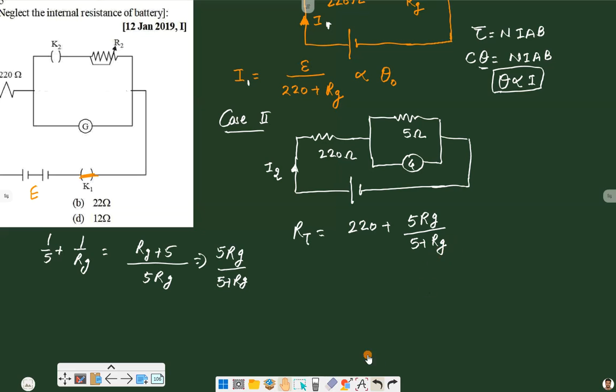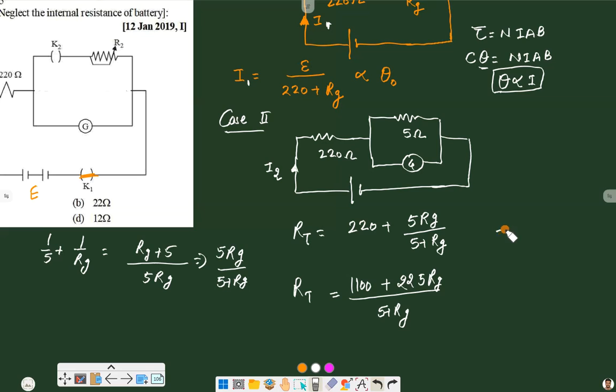We can find the total resistance after taking LCM, and it will be 5 plus Rg, 220 into 5, that will be 1000 plus 100, that is 1100, plus 220 Rg plus 5 Rg, so 225 Rg. This will be the total resistance of this circuit.